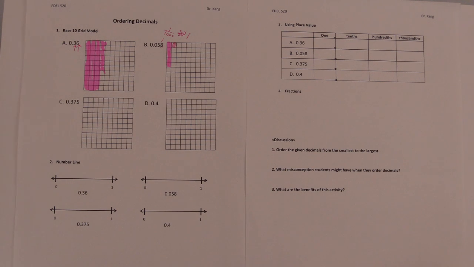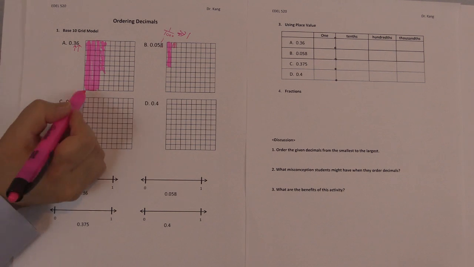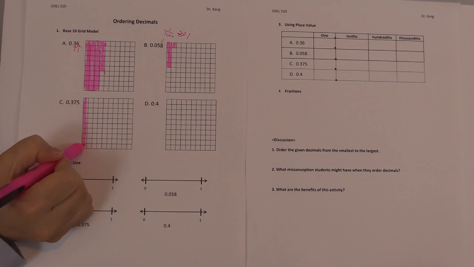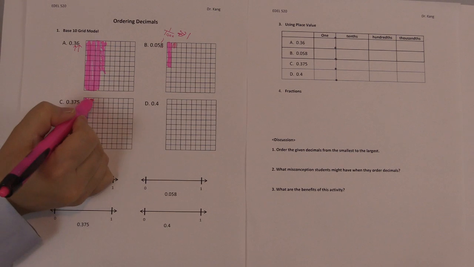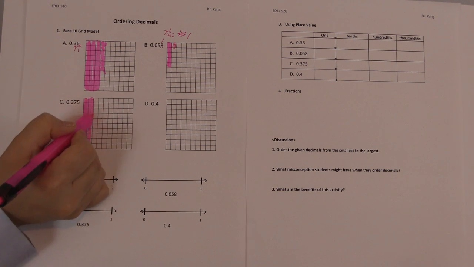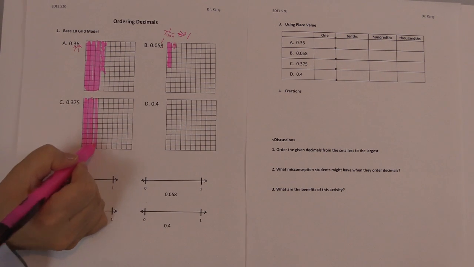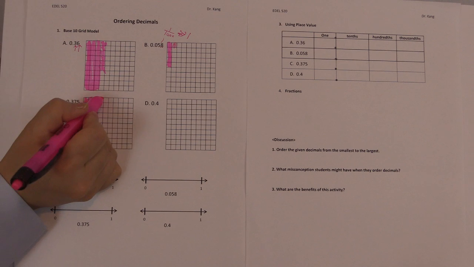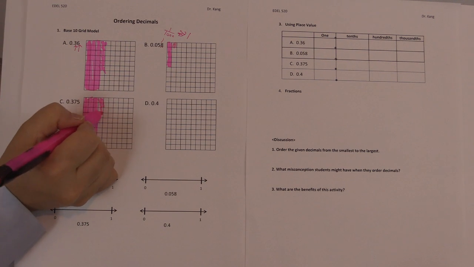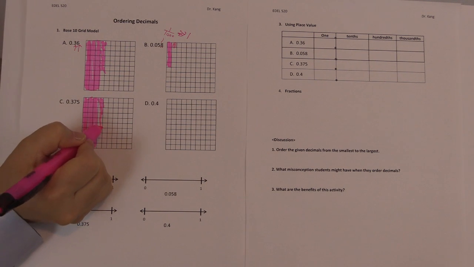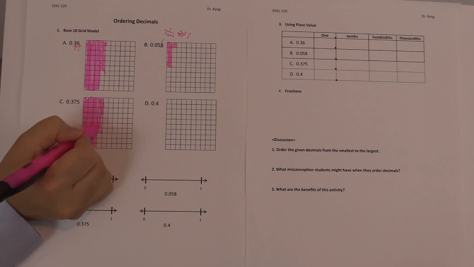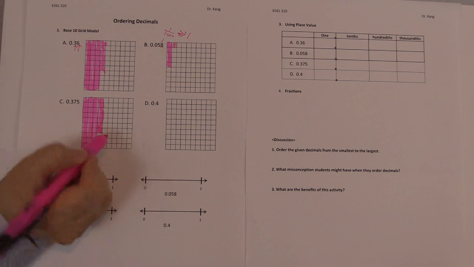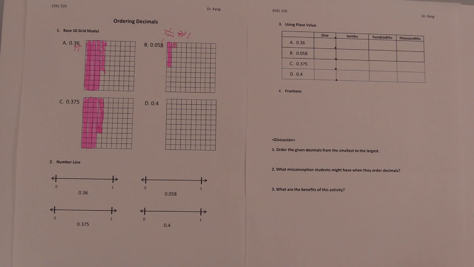What about this one here? How many tenths? We have 3 tenths. And how many hundredths? 7 hundredths. So 1, 2, 3, 4, 5, 6, 7 hundredths. And how many thousandths?